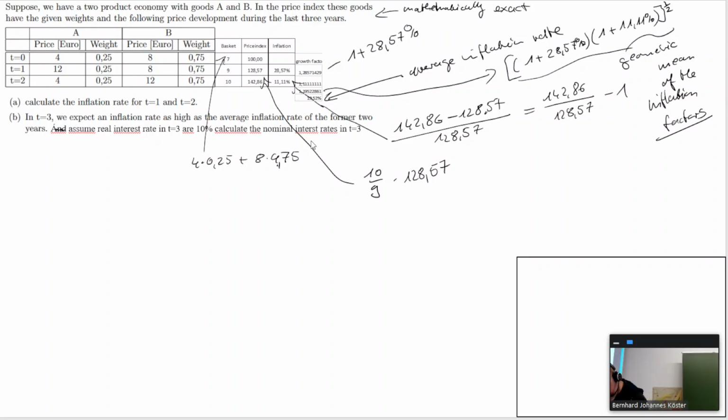And then you obtain the inflation rate as 1.2857 times 1.1111 root minus 1.